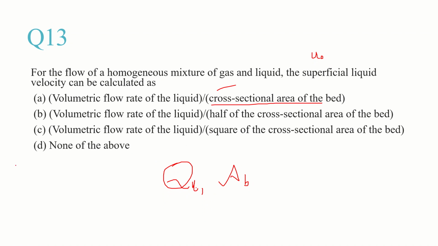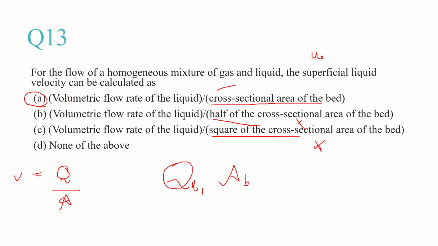In general, how do we determine the superficial liquid velocity? We divide the volume flow rate of the liquid by the cross sectional area of the bed. So the answer to this problem is option A, that is volumetric flow rate of the liquid divided by the cross sectional area of the bed. Option A is the right answer. Options B and C, giving half the cross sectional area of the bed and the square of the cross sectional area of the bed, are both wrong.